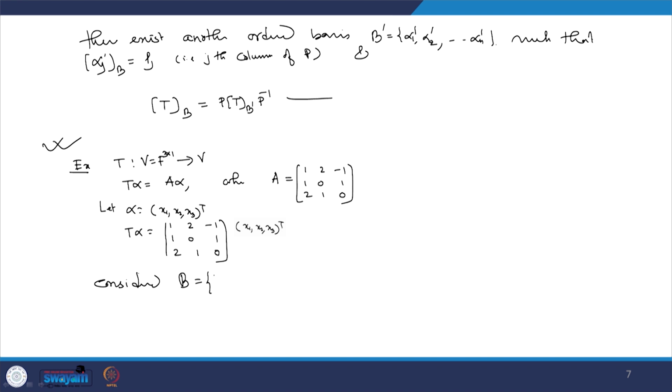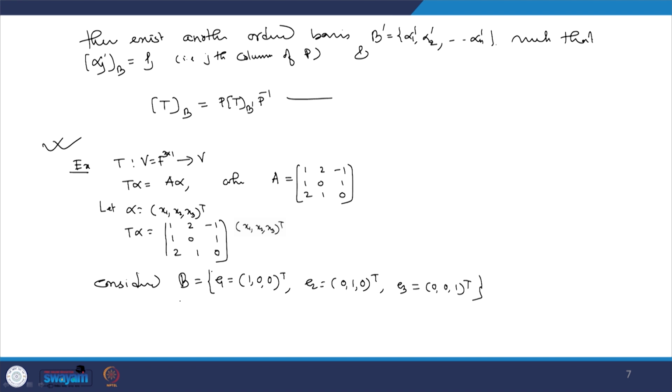So, let me consider E 1 equal to 1 0 0 transpose, E 2 equal to 0 1 0 transpose and E 3 equal to 0 0 1 transpose. This is the standard basis on F 3 cross 1.